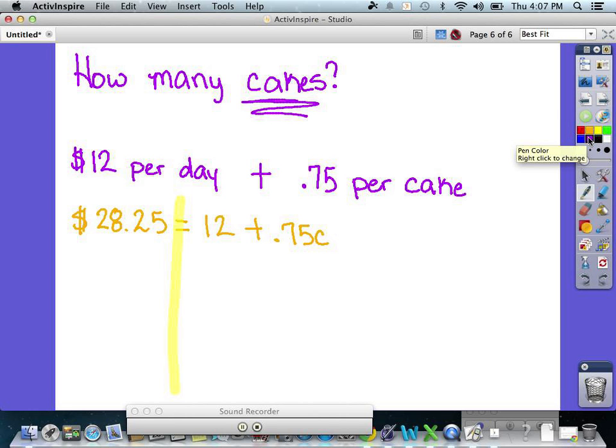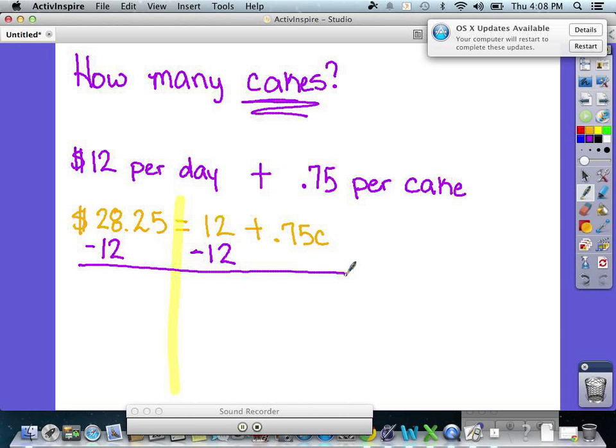So we're going to say minus 12 on both sides. Now we have $28.25 minus 12, which will give us $16.25.